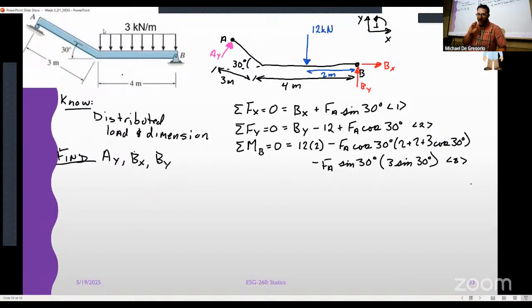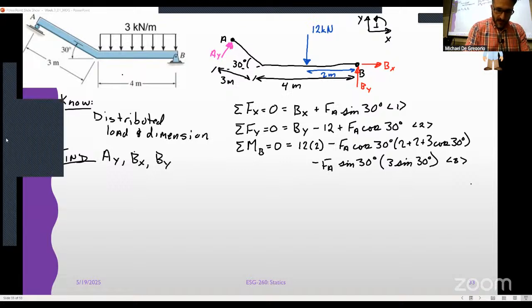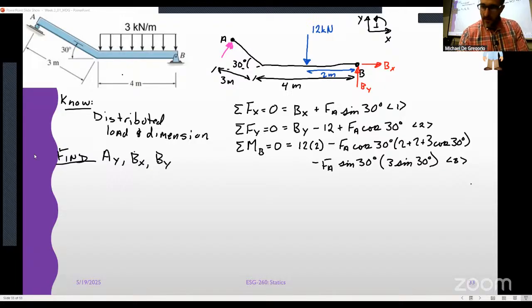So what's the deal here? Some are forces in the X and the Y, and we're going to take a moment. Notice I conveniently changed AY and renamed it FA. Why? AY is not really in the Y direction. It's angled by 30 degrees.